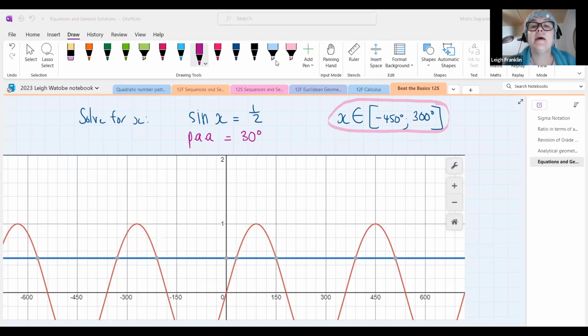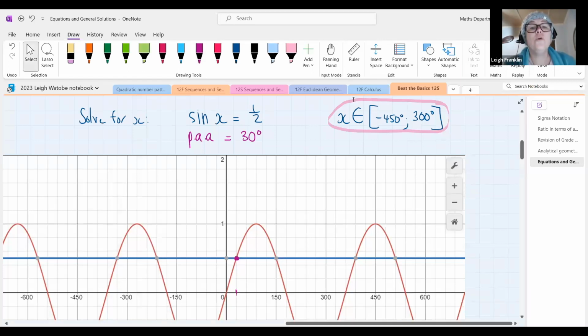It does, because it gives us a place to start. Where I have drawn that purple circle, that is where x is equal to 30 degrees, and y is equal to a half. That is our starting point in quadrant number 1.